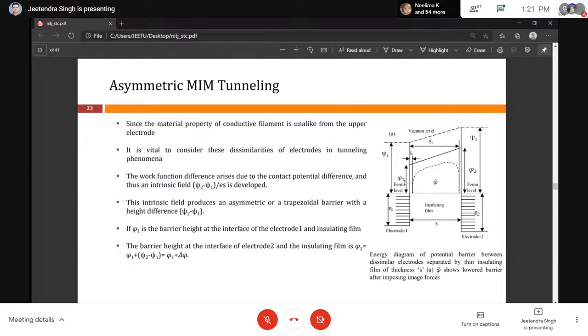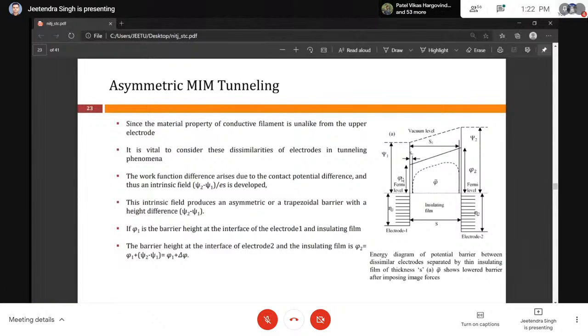If the work function of this metal is psi 1 and the work function of this metal is psi 2, then obviously there is a work function difference between them, and this difference will develop an electric field here. Thereby the barrier is not rectangular; it is a trapezoidal barrier instead of a rectangular barrier.